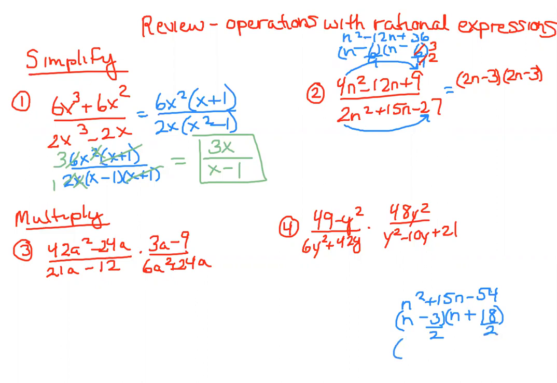So here, since 3 halves is already reduced, we can write that as 2n minus 3, and this is n plus 9. So going back up here, this becomes 2n minus 3 and n plus 9. And I wrote that wrong down here.